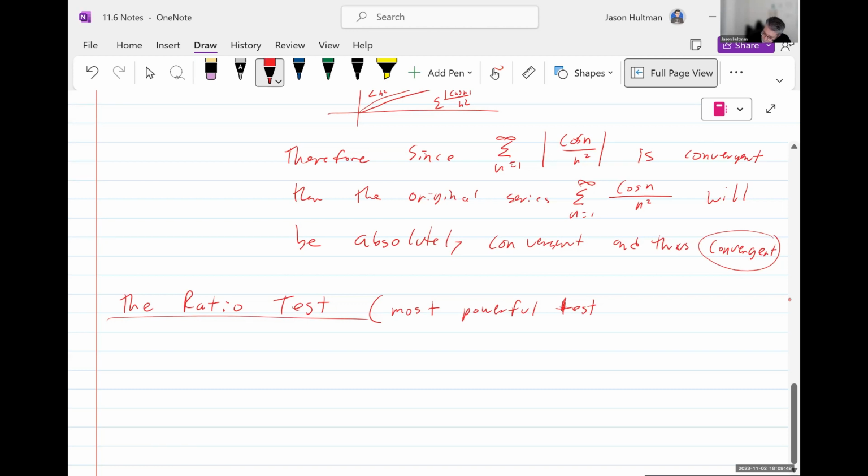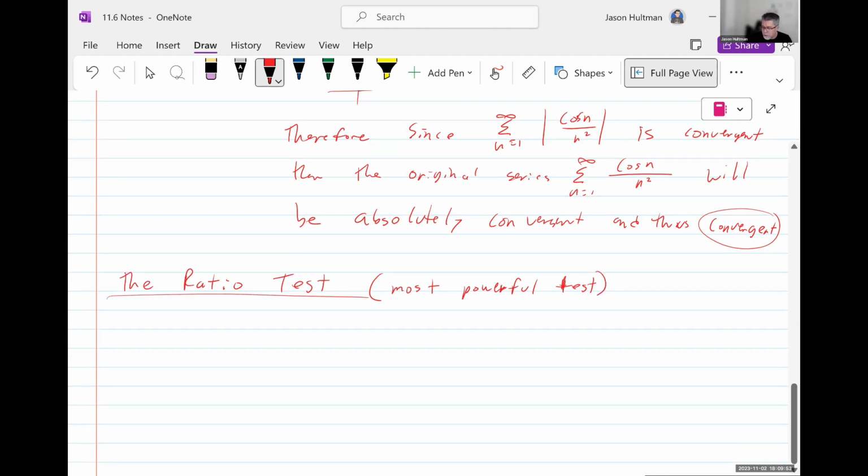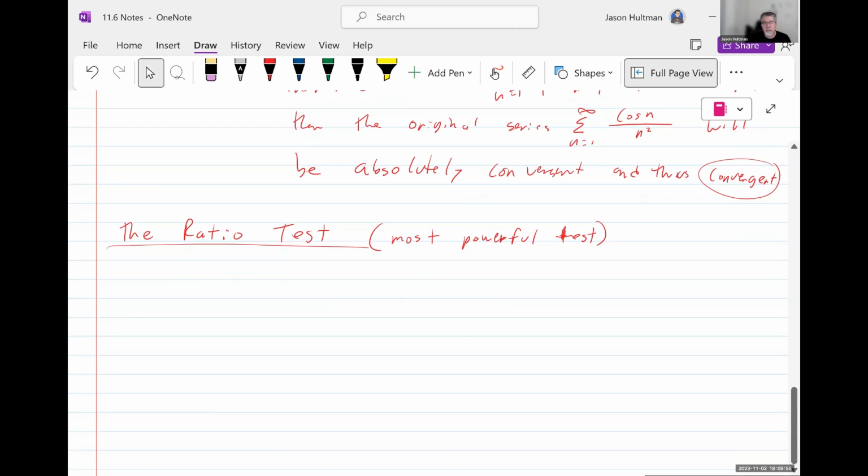Sometimes it fails us, but in my opinion, this is my go-to. If I look at a series, I usually would try the ratio test first, unless it's something that's really simple, that I can kind of pick out already. But I think this is the most powerful test, the ratio test.